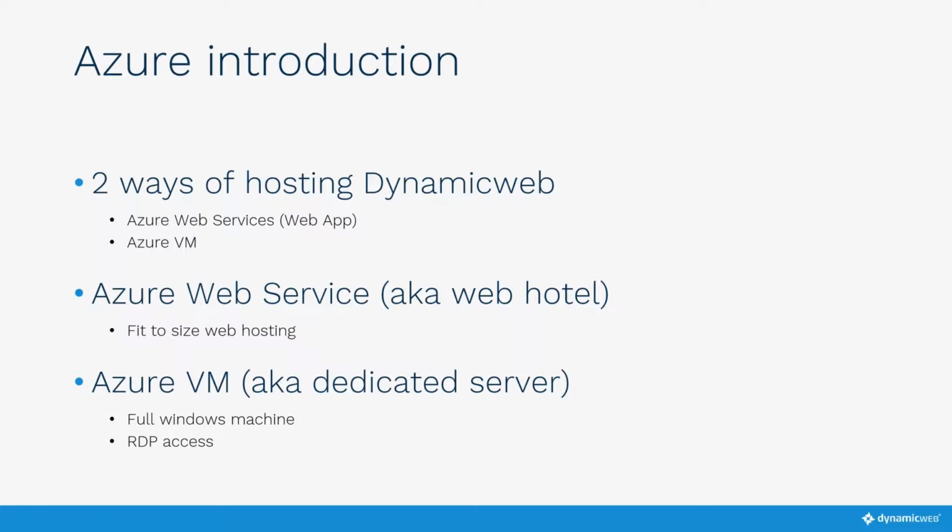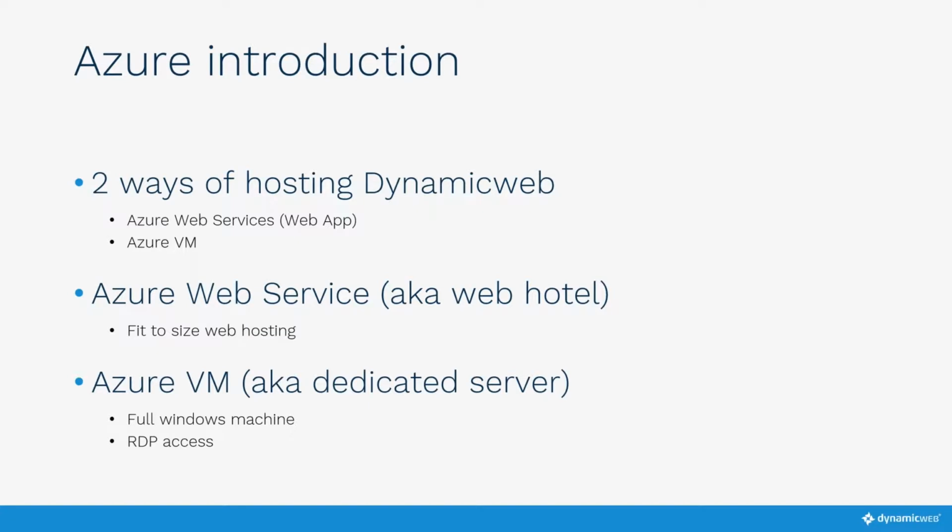And the way to install and do all the things on these 2 platforms is very different. The Azure Web Service is the one we're going to focus on today, whereas the Azure VM is like installing a Dynamicweb as in any other hosting environment, and can be looked at as a dedicated server.